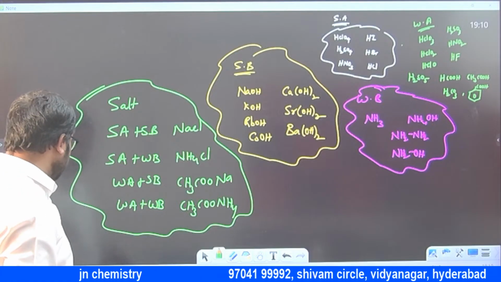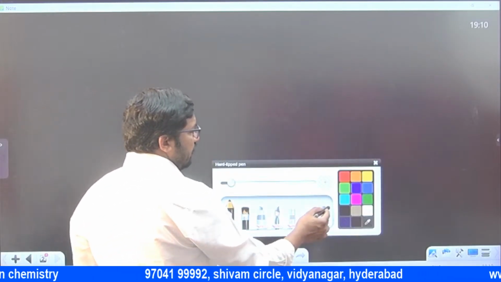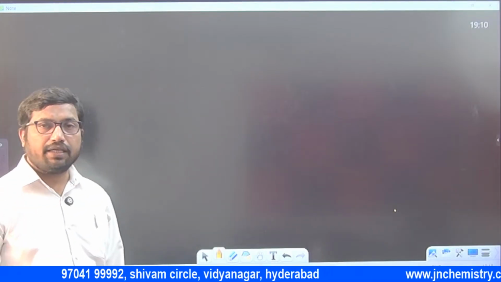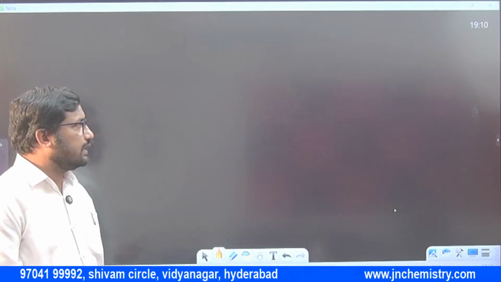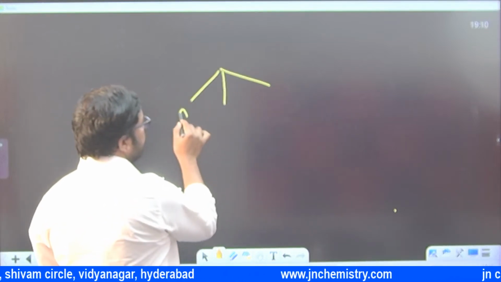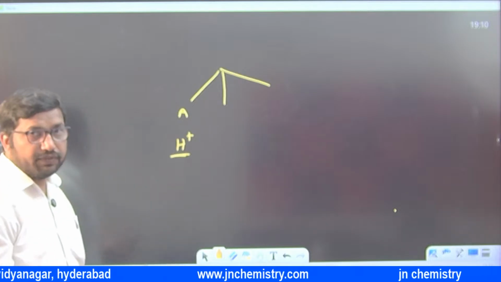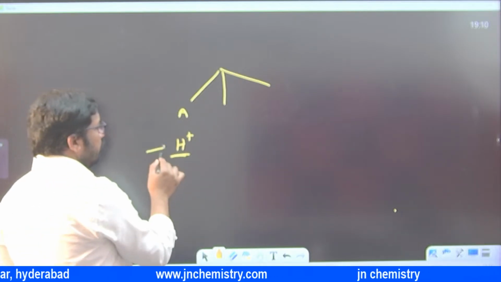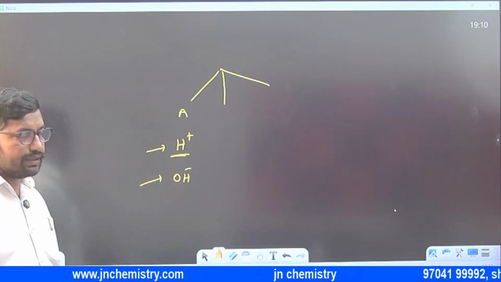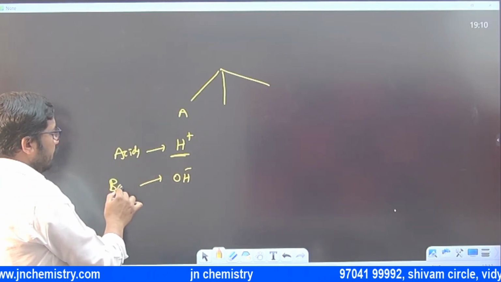Afterwards we discussed Arrhenius acids, then Bronsted-Lowry theory and Lewis theory, 3 acid-base theories. According to Arrhenius theory, compounds which give H+ ions in aqueous water are acids, and compounds which give OH- ions in water are bases.